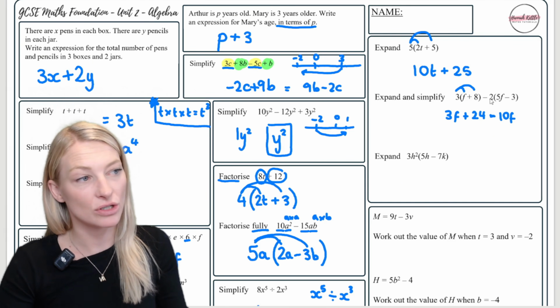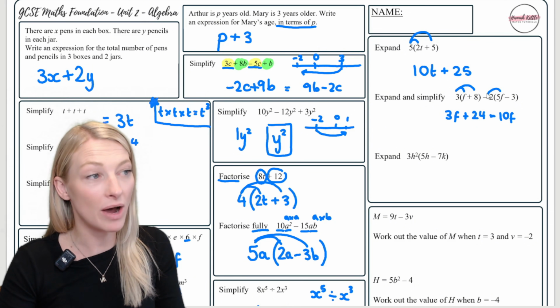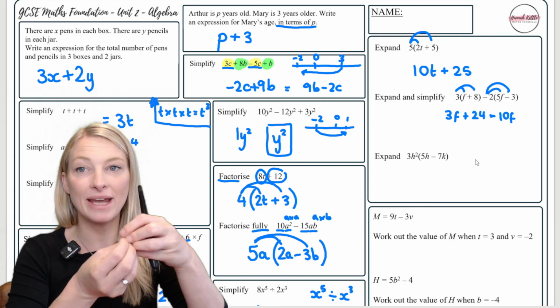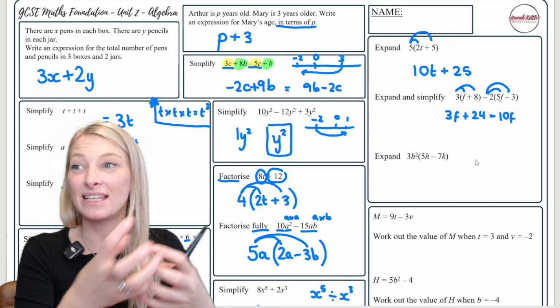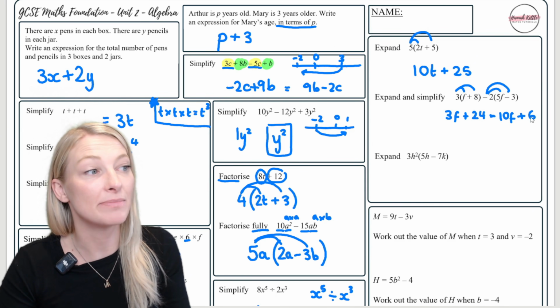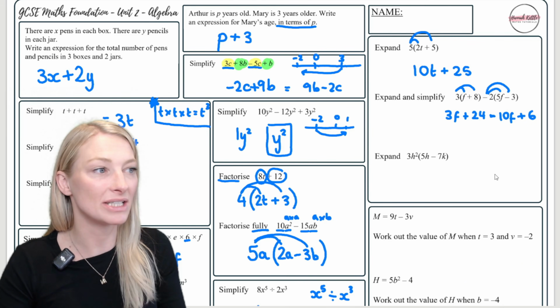But here is where students often get stuck. We've done that bit, but now I'm doing minus 2 lots of minus 3. I'm taking away 2 lots of negative 3, and it's a negative times a negative, which means that fourth term is going to be add 6, because minus 2 times minus 3 is positive 6.